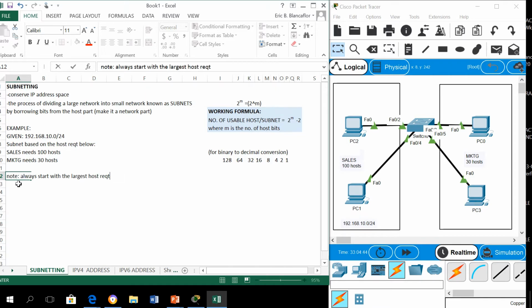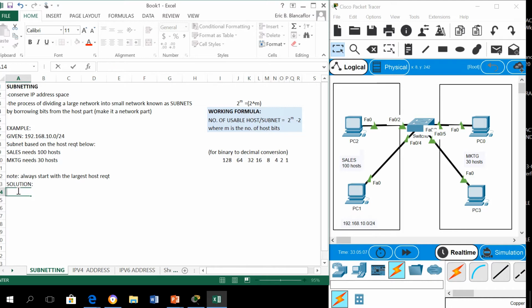In this case, who's the one that has the largest host, sales or marketing? Yes, that's right, sales. So we start with sales.